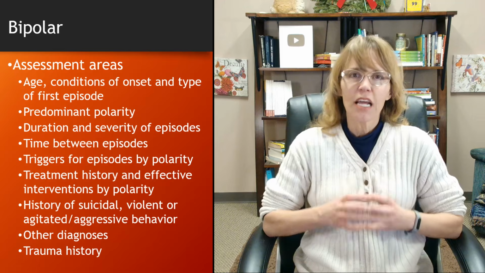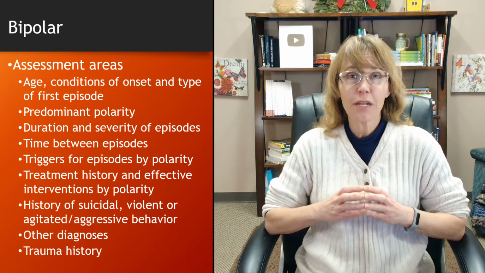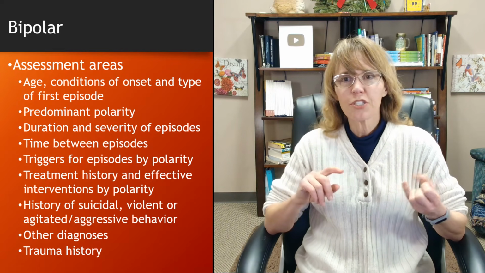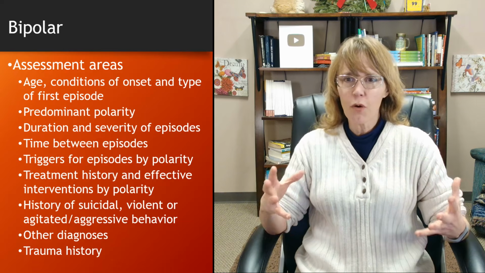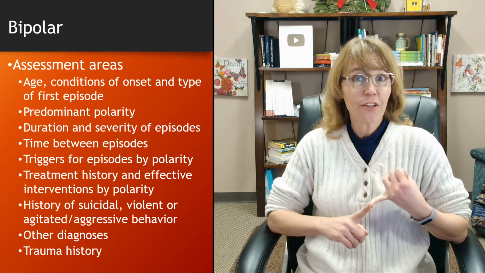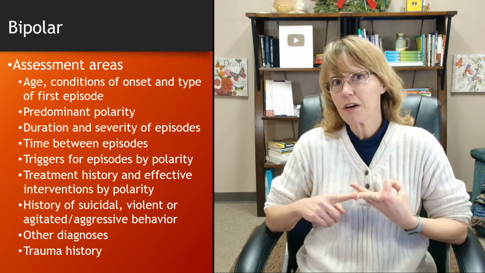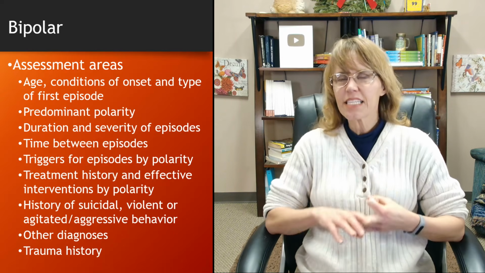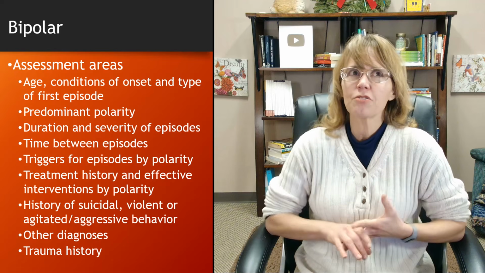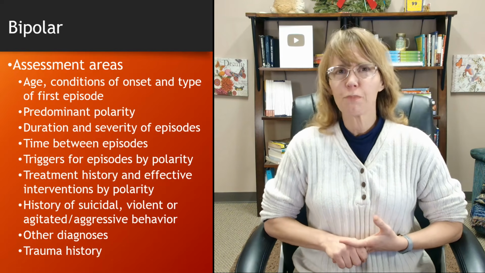Assessment areas. When we are doing an assessment on somebody with bipolar disorder, we want to know about the age that they had their first episode, the conditions of onset, and the type of the first episode. This gives us an idea about what their first experience was like.